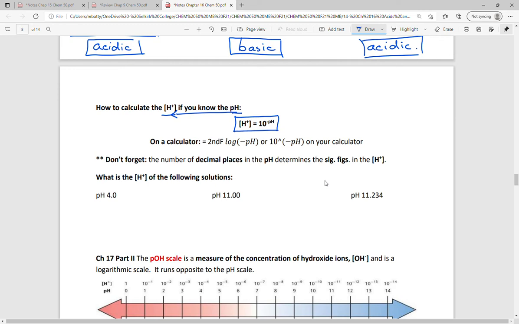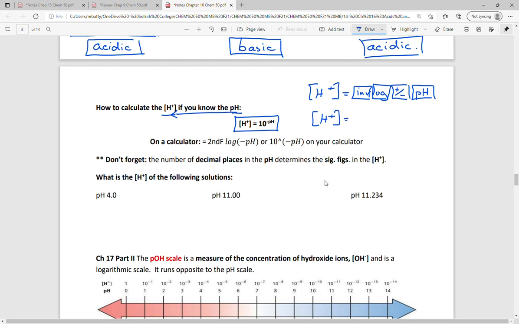For most of us, if you haven't done Math 12 before, on your calculator, I'm going to solve for the hydrogen ion concentration by hitting the second function or inverse log. So that's 2 different buttons. It's the second function or inverse button and the log button, and then the plus minus button, and then the pH, whatever that is. So that would be my series of steps on my calculator.